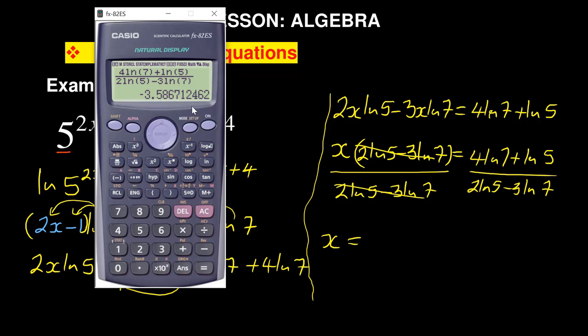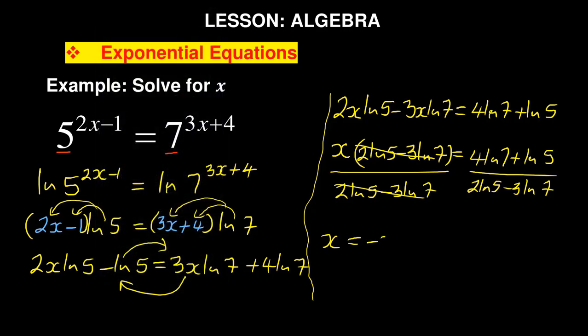If I want to leave it in 3 decimal places, you say shift, your calculator can round out for you, you press 6 there, and then to 3 decimal places, which is minus 3,587. This is rounded off to 3 decimal places.